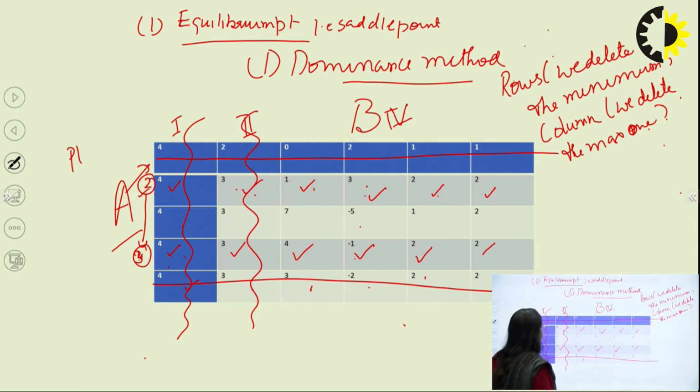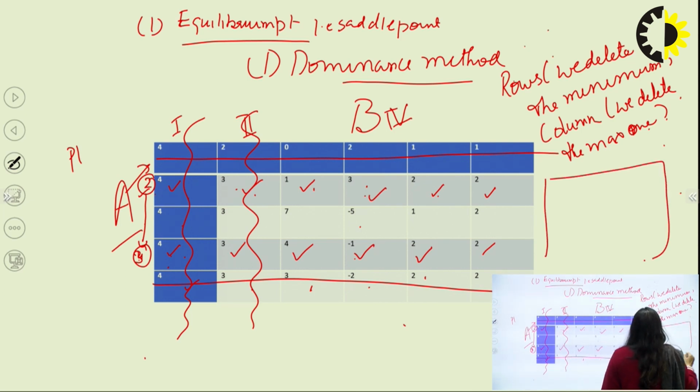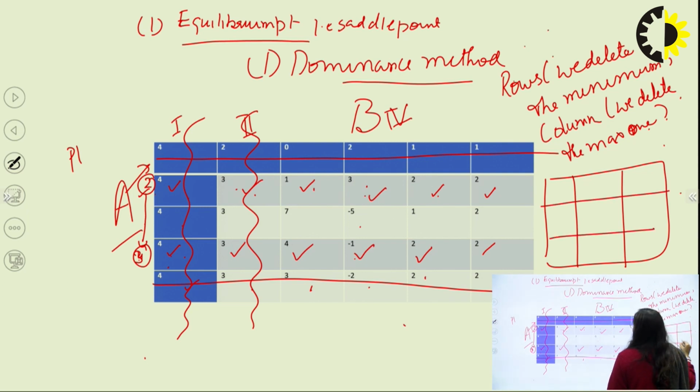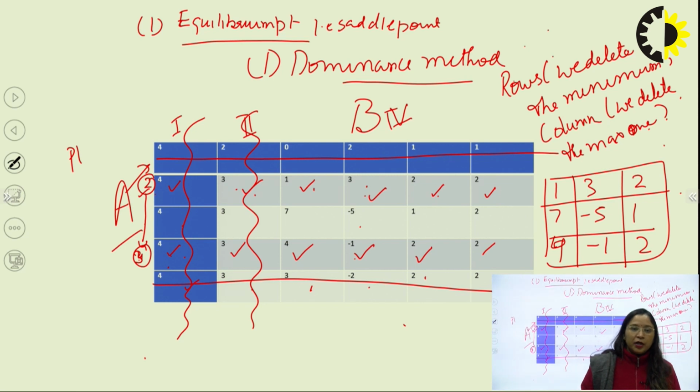Now we have these numbers left: 1, 7, 5, 4, 3, minus 5, minus 1, 2, 1 and 2. Now we will again see if there is any case where we can use dominance.